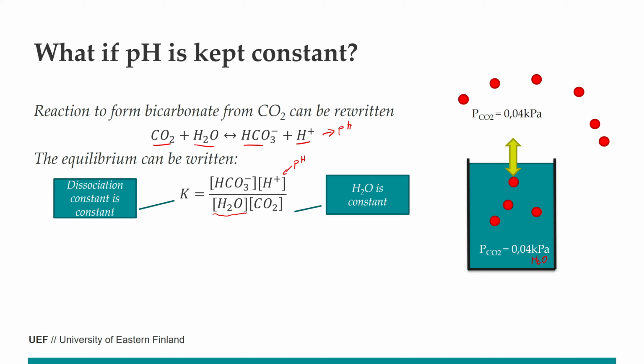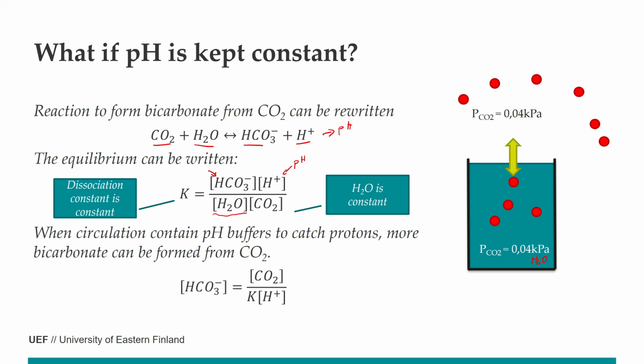And therefore we can understand that this amount of bicarbonate depends on the carbon dioxide, on the dissociation constant, and on the pH. And therefore, if the proton concentration goes down, then this will go up.